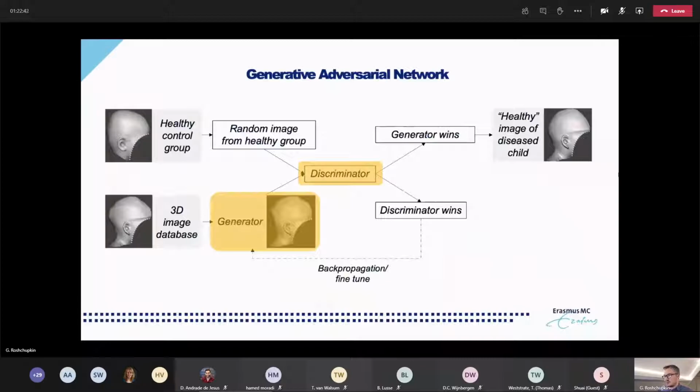And we are working on a deep learning model which can, for instance, based on your child with craniosynostosis, predict the healthy shape of the skull, kind of the gold standard for the clinicians, which they can use as a reference, which gives much more information compared to just the opinion, for instance, of the surgeon, on how the surgery went.